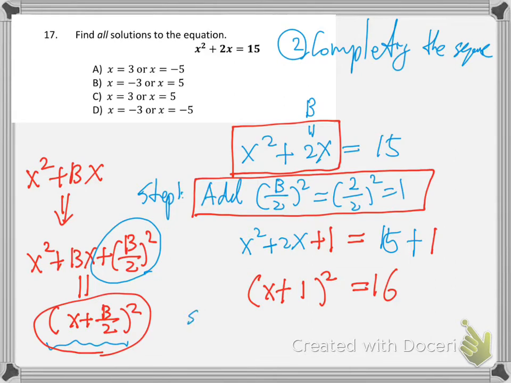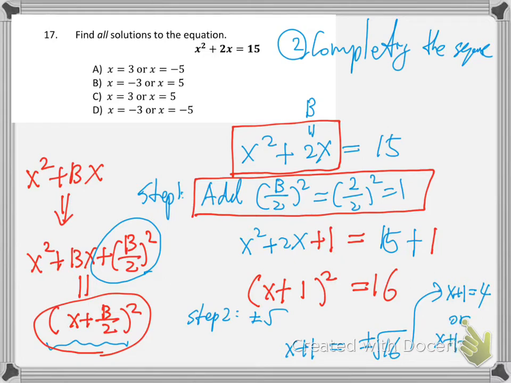Step 2. Take positive negative square root on both sides. So on the left we have x plus 1, on the right we have positive negative square root of 16. So we have x plus 1 is square root of 16 is 4, or x plus 1 is negative 4.